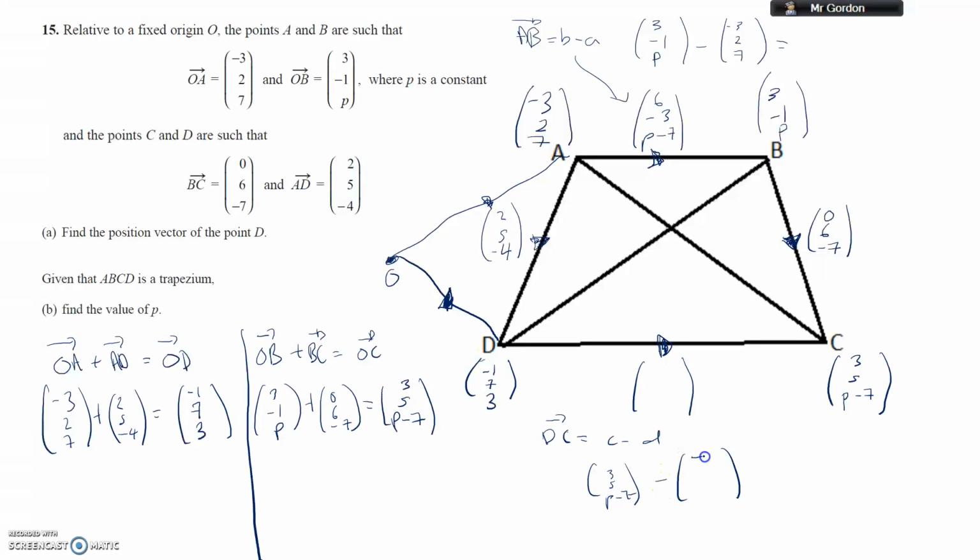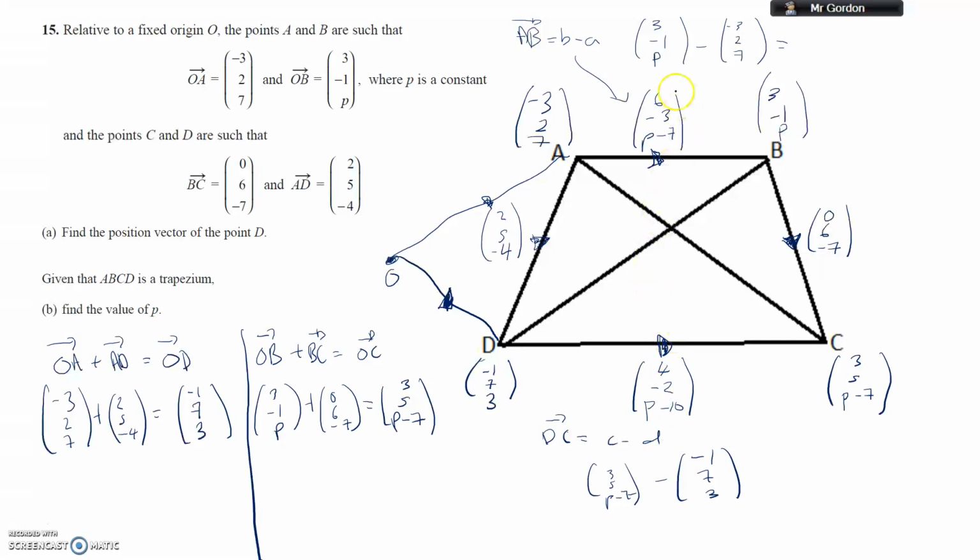Minus D, minus 1, 7, and 3. Okay? 3 minus minus 1 is 4. And 5 minus 7 is minus 2. And P minus 7 minus 3 is going to be P minus 10.